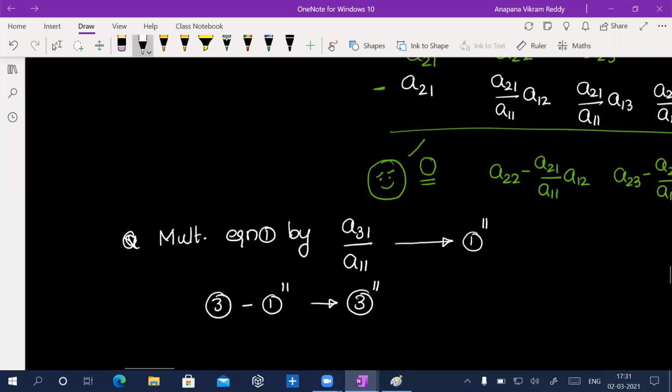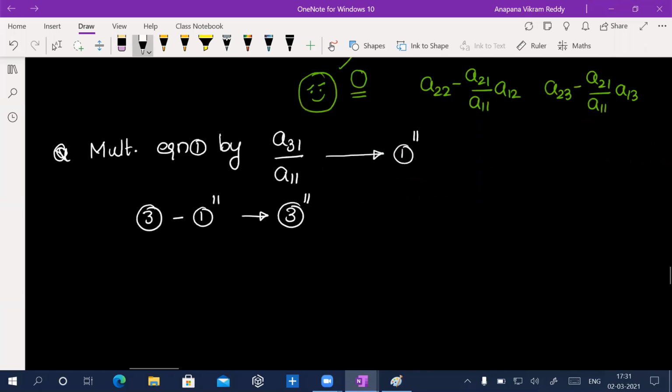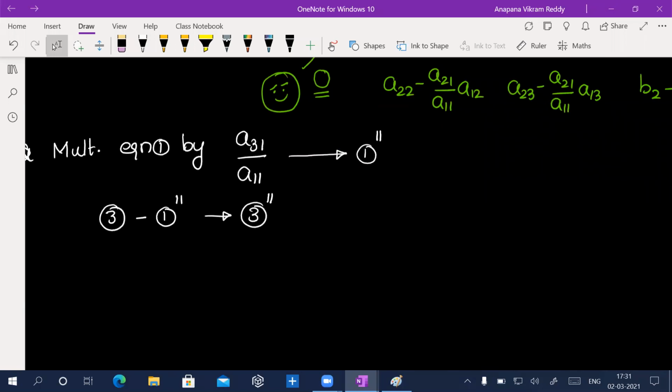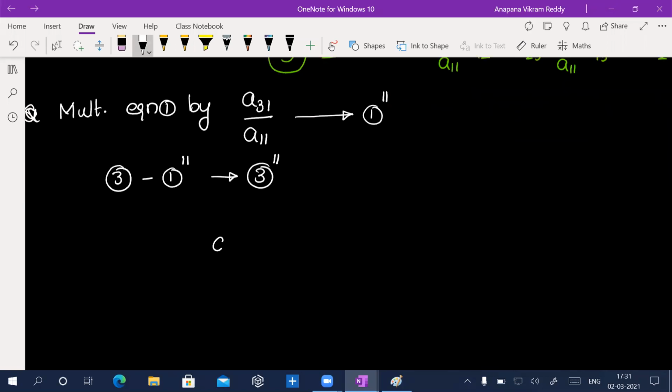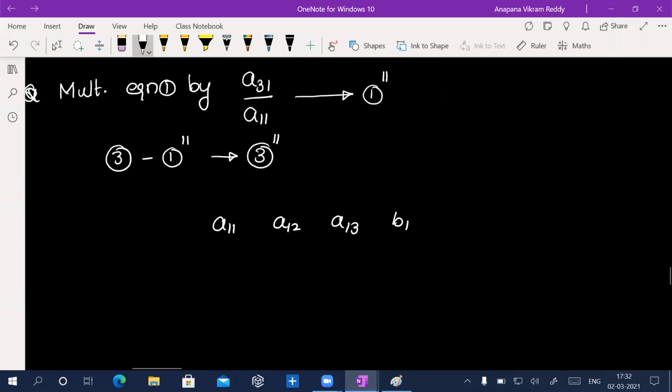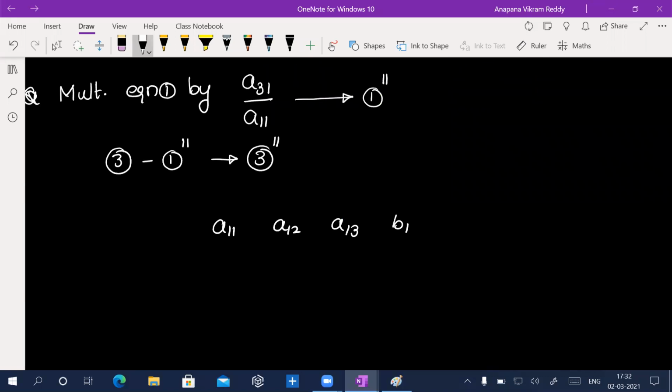So now what is our equation number 1? Equation number 1 is A11, A12, A13 and B1. Agree? You multiply this equation number 1 by A31 by A11.